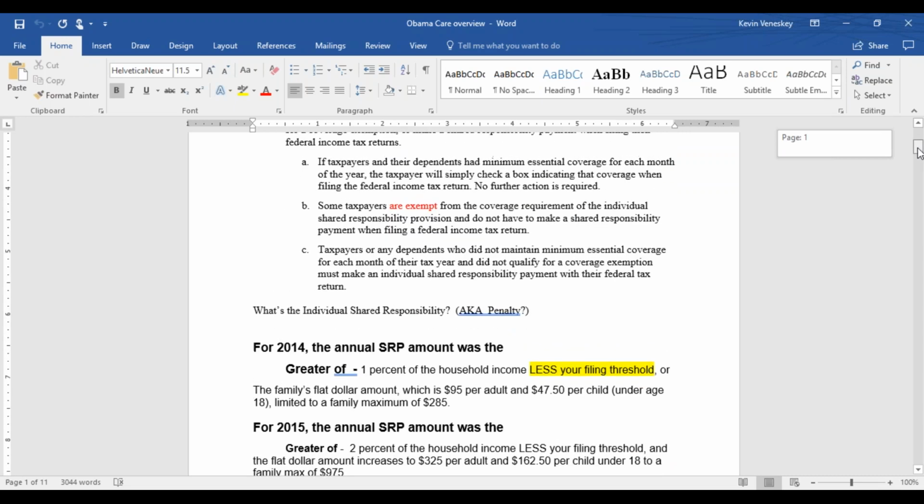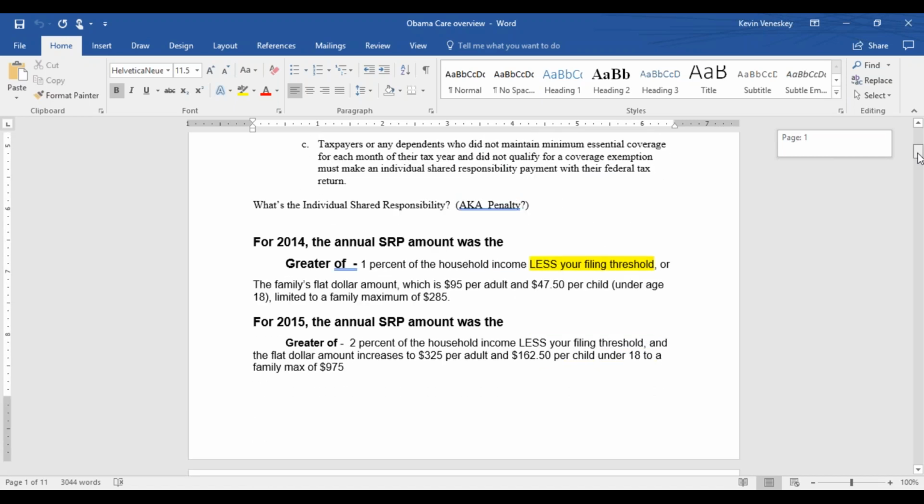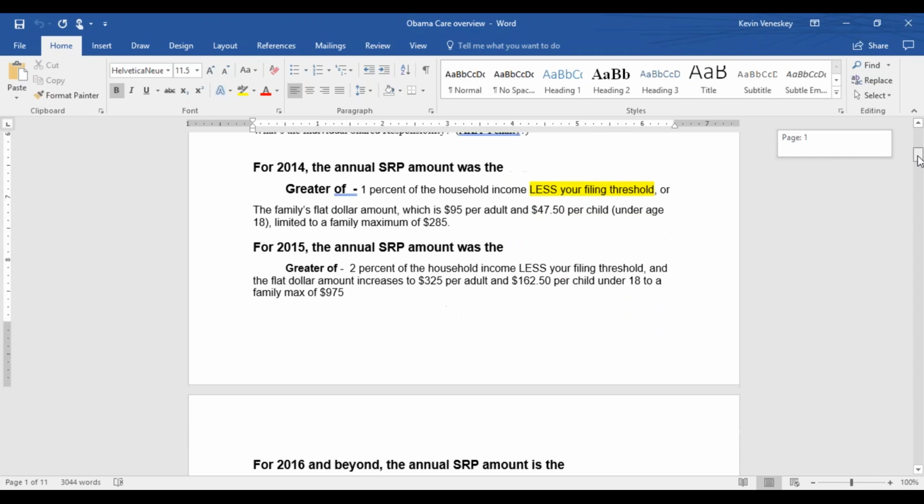Anybody that you claim on your tax return will have to have insurance, or you have to pay the tax on that person. You can always choose not to claim the person and therefore not have to pay the tax on them. But if you do claim them as a dependent, then you will have to have insurance on them or pay the penalty. So here is the penalty.